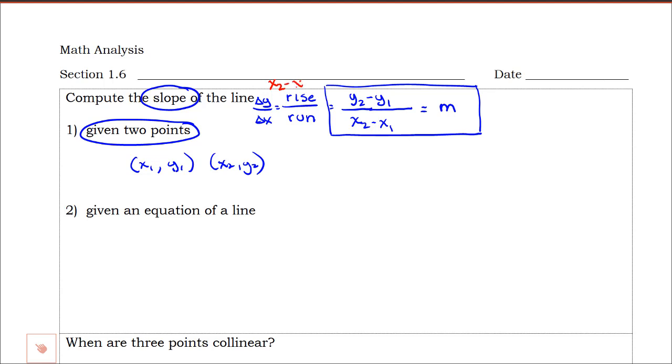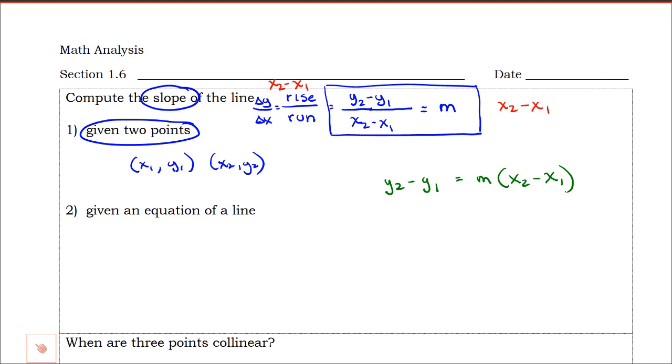Multiply both sides by the denominator, right? And if I do that, I'll get this. And that's easy enough to get from the slope formula.